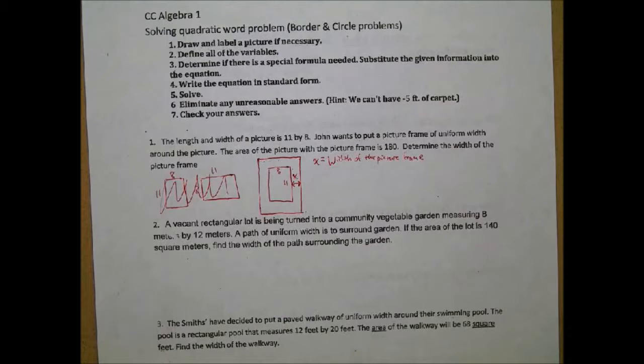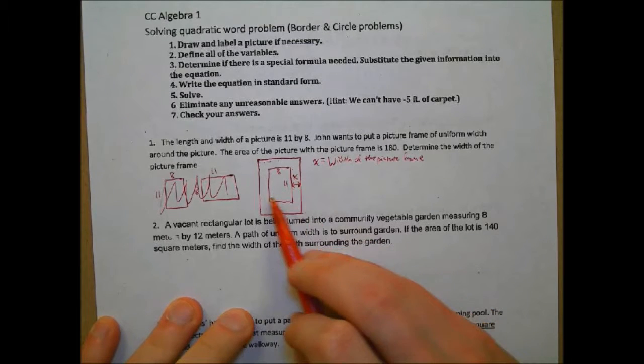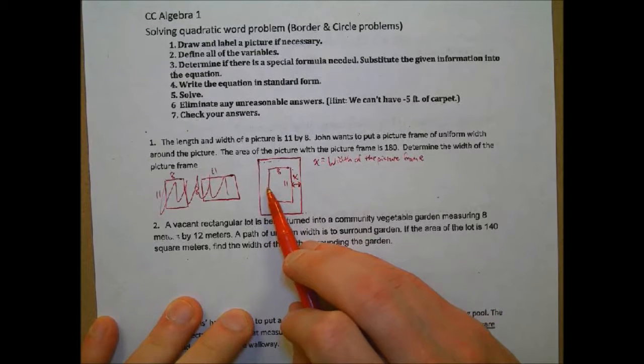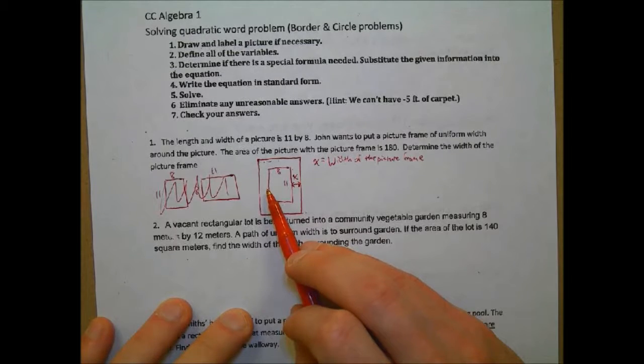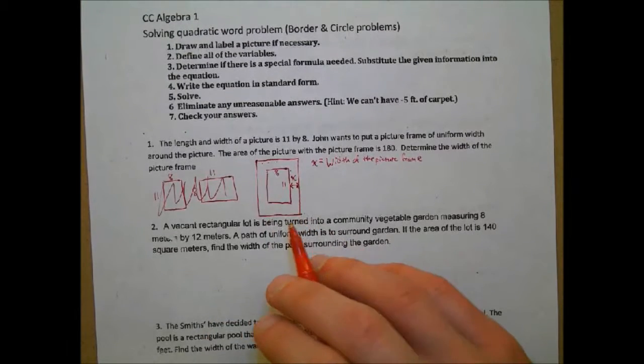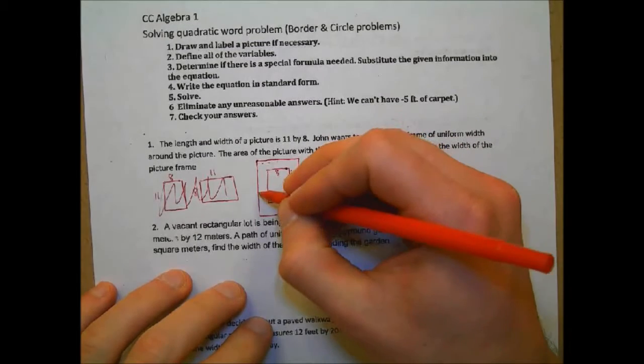Okay. So we know the width of the picture frame is x. So that means this distance is x. But what about this distance right here? Why is it also x? It's also unknown. It's a uniform width, okay? Like Anna said, a uniform width means it's like an equal width. So this is also a distance of x right here.